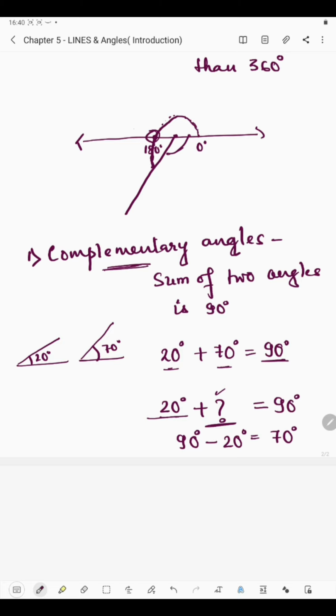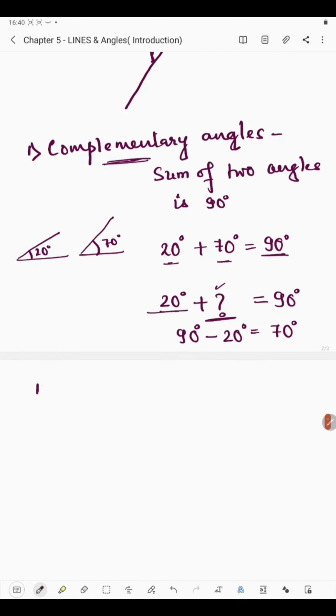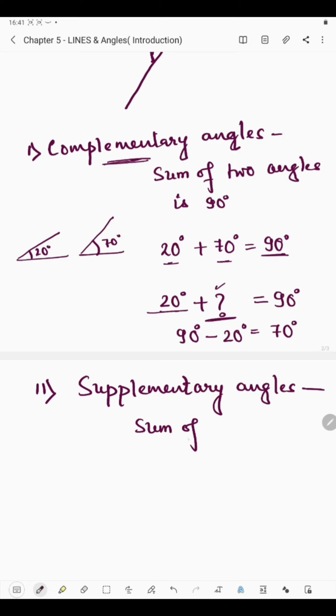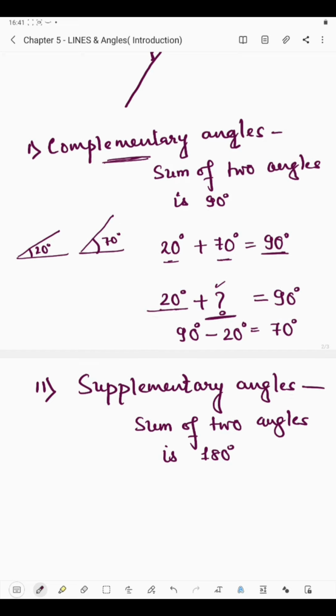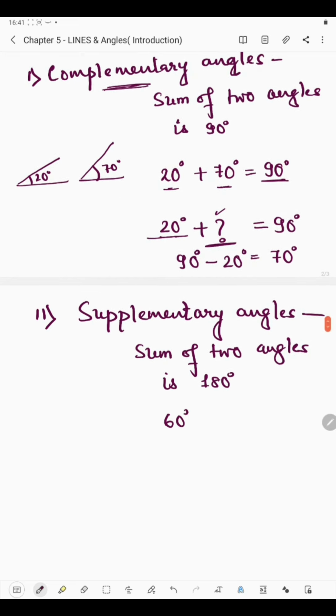Okay. Now coming to the next angle, which is supplementary angle. When the sum of two angles is 180 degree, then they are known as supplementary angles. Suppose I take one of the angles, say 60 degree, and another, say 120 degree.